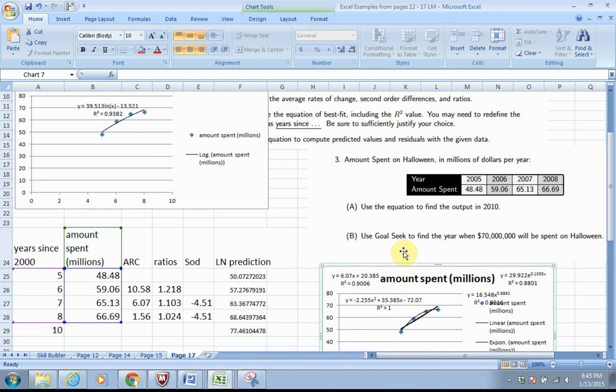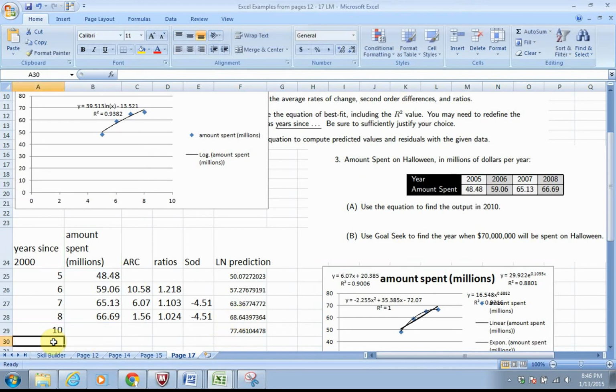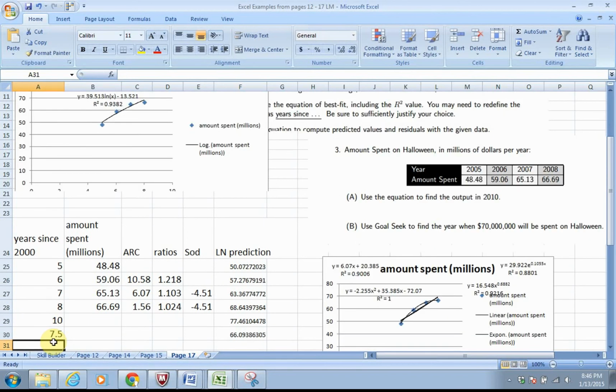The last thing that we're going to do in problem 3 is it says use Goal Seek to find the year when $70 million will be spent. So let's add a dummy row, and let's add a dummy row of 7.5. If we add a dummy row of 7.5, you can see that immediately it gives us a value of 66.0938.